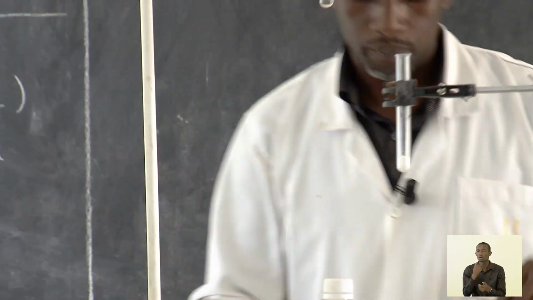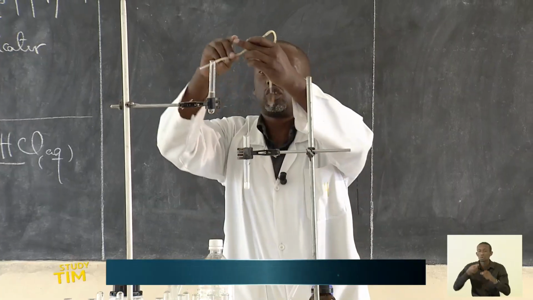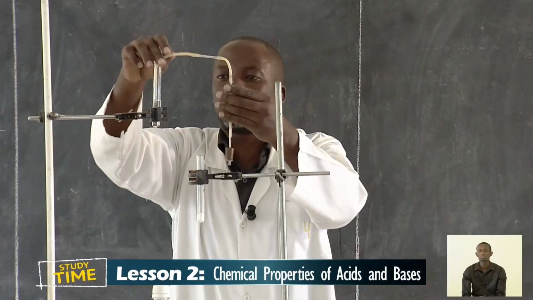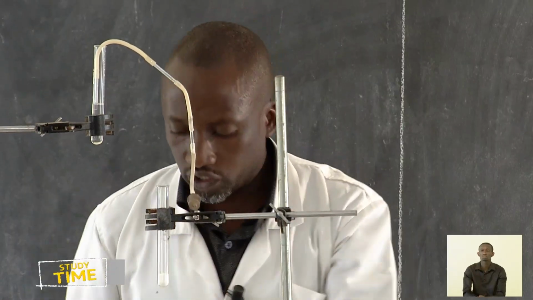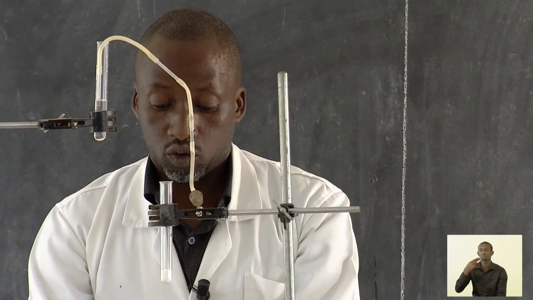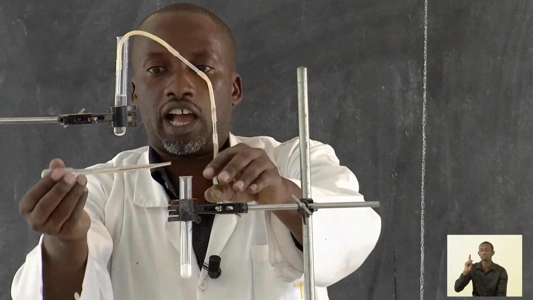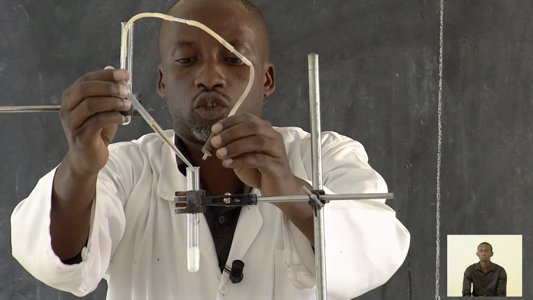So this is the water, and I'm just going to add some drops. Also, I will have to add concentrated hydrochloric acid. This is a concentrated solution of hydrochloric acid, and then I have to pass the gas, the bubbles.